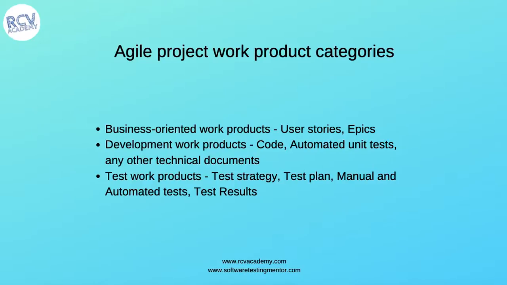Now in development work products, there is code, there are automated unit tests, and any other technical documentation that is required. All the code that is developed in the iteration forms the development work product, along with any automated unit testing and any documentation that the developers create while coding.